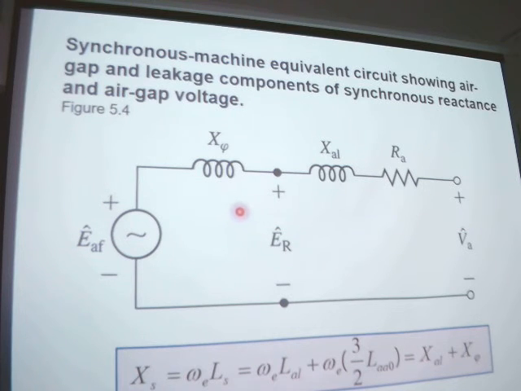This figure is an alternative form of the equivalent circuit, but the inductance is divided into two.